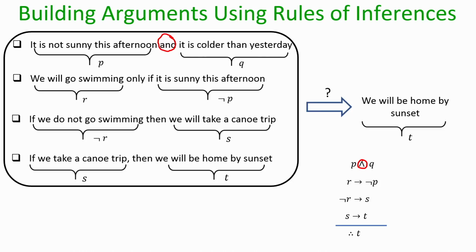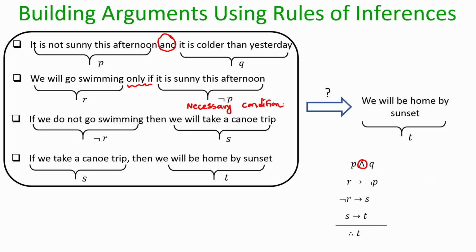What is the second statement? We will go swimming only if it is sunny this afternoon. So, remember, whenever we have an occurrence of only if, whatever occurs after only if is the necessary condition, not the sufficient condition.